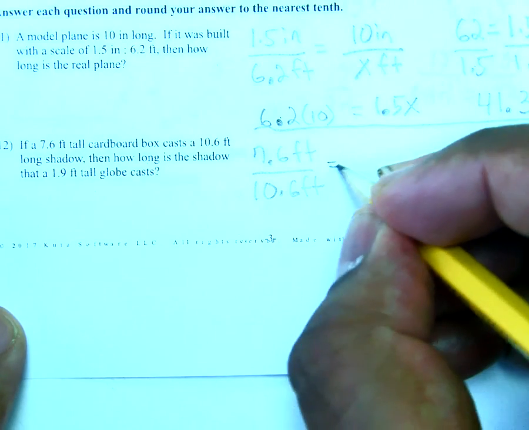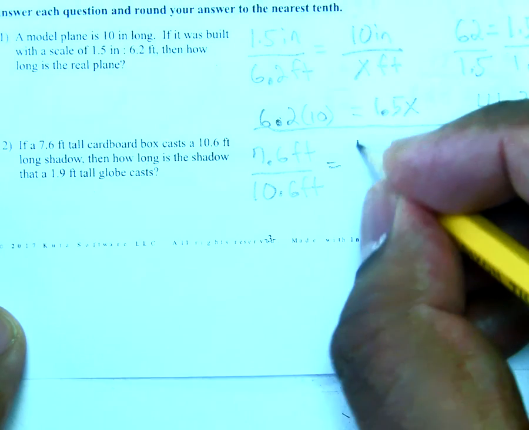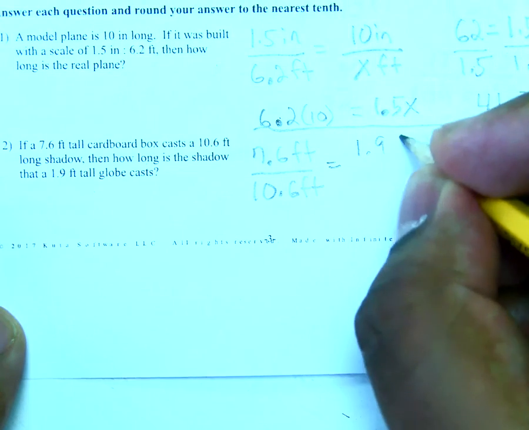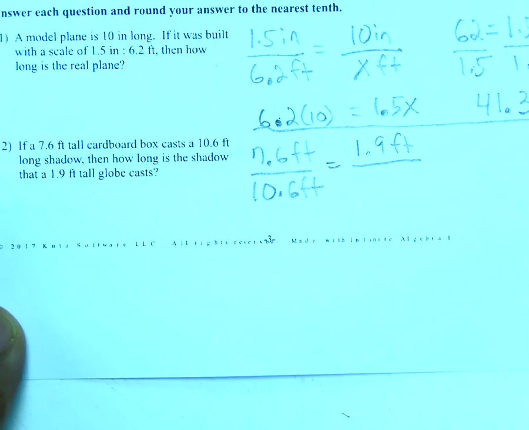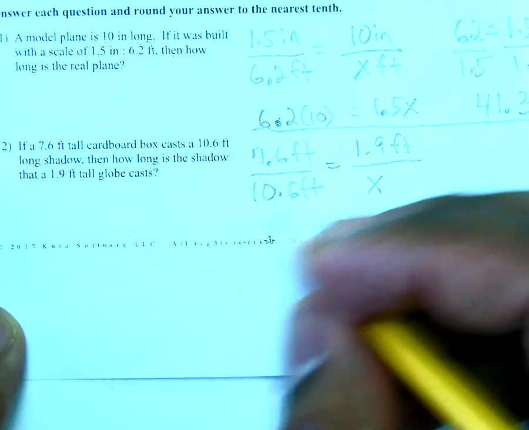All right, that'll be equal to 1.9 feet over x and then we cross multiply.